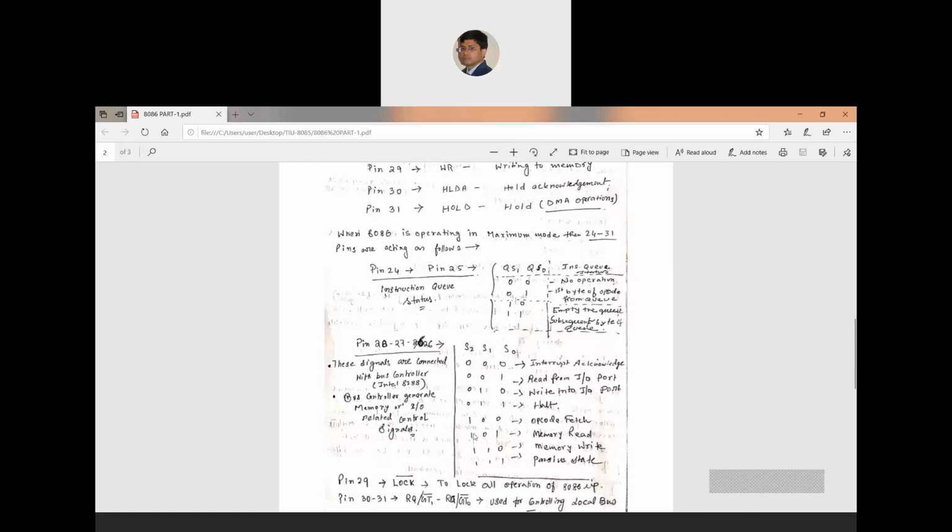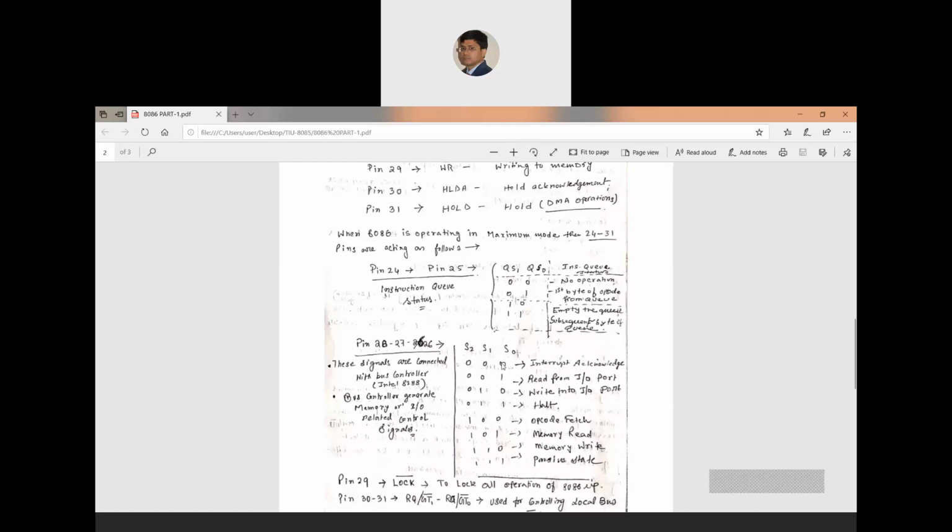Okay, so basically, when 8086 is operating in maximum mode, it is used in a multiprocessor system. It is connected with the bus controller, that is 8288. So through the pin number 26, 27, 28, it is transferring some information from itself to the bus controller. We can see from this table, S2, S1, S0.